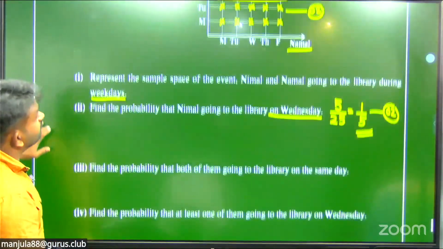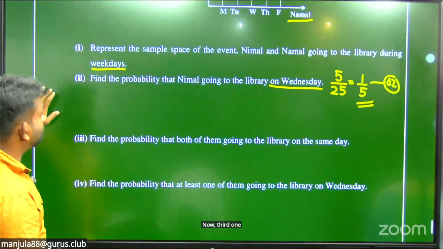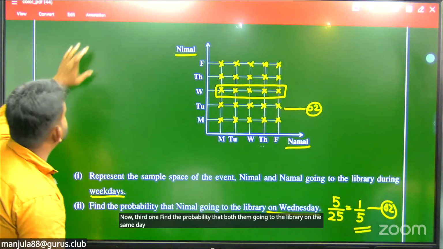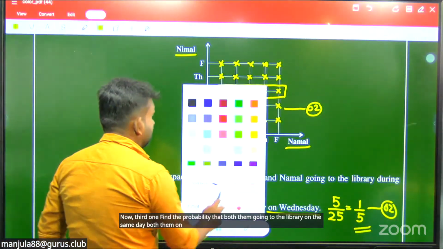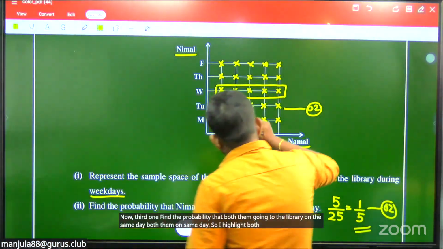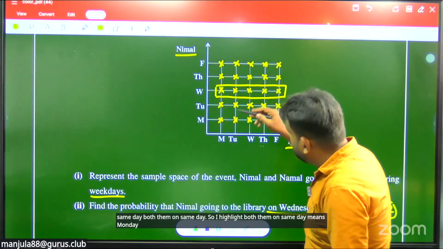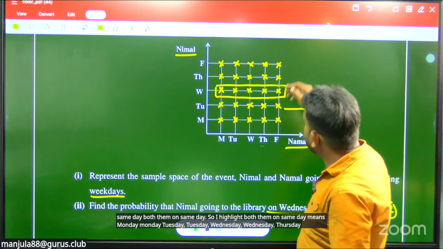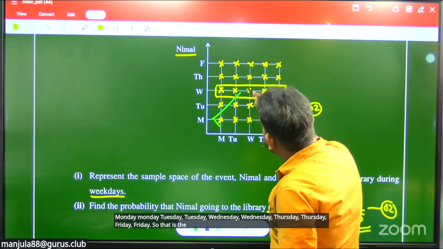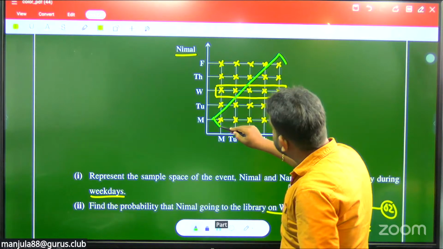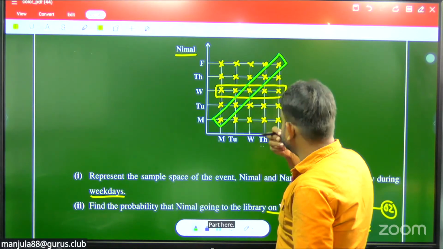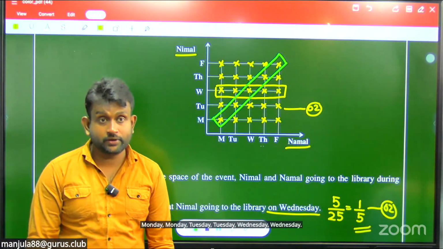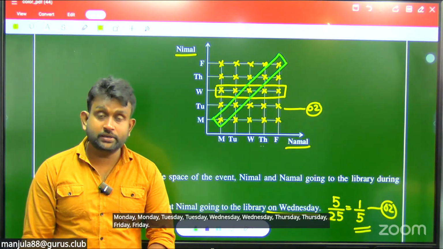Now, the third one: find the probability that both of them go to the library on the same day. Both of them on the same day means Monday, Tuesday, Wednesday, Thursday, Friday. I highlight that part here. Now how to find the probability?